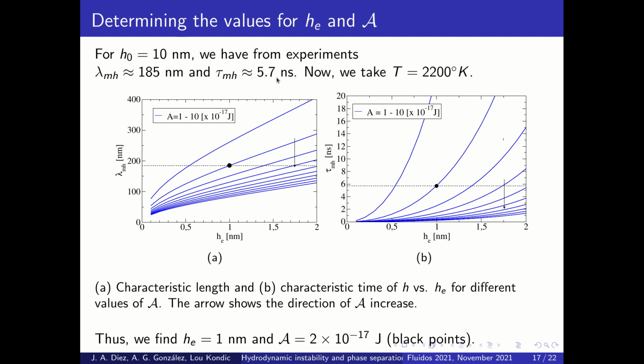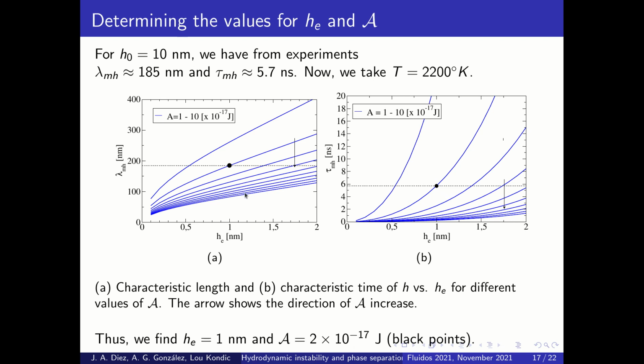Once we have the temperature T, from the distances between drops at long times in the evolution of the formation of these drops, one can also obtain, for a given temperature from the expression of the linear instability, the values of the equilibrium thickness and also the value of the Hamaker constants, which are these black points here.